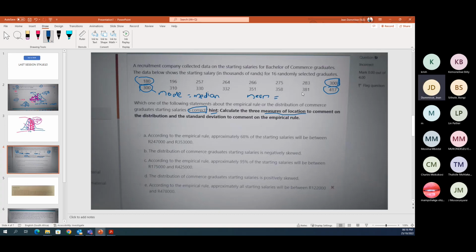You could have used Excel to calculate this. You could have used your calculator also to just add and see what the mean is. So I'm just going to quickly add all the numbers together and see if I get the mean, because then we know that the mean, median, and mode might be the same.